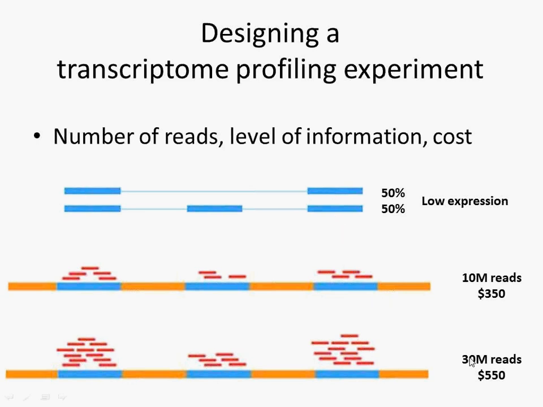But if you generate 30 million reads for $550, the number of reads that accumulate on the exons that are common to the 2 transcripts is all of a sudden clearly double the amount of the exon that is present in only one of the isoforms, and which would allow the software to actually quantify each transcript separately and accurately. The accuracy would be missed in a 10 million read experiment.